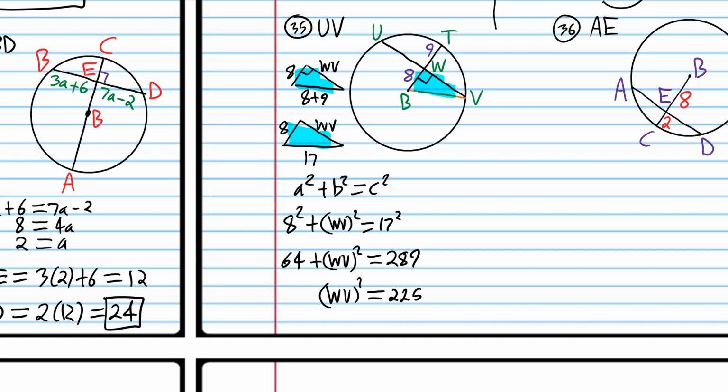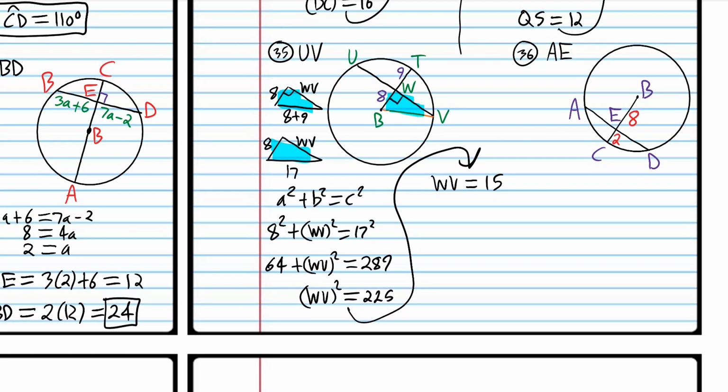Now we're out of room, that's okay, we can just go up here, and square root both sides, and 15 times 15 is 225. So WV is 15, so UV must be 2 times 15. So UV is equal to 30.